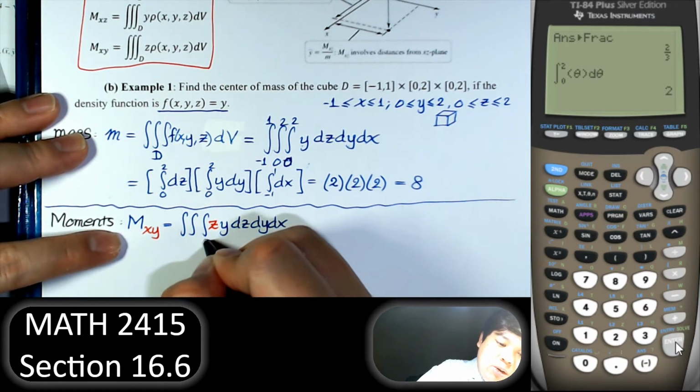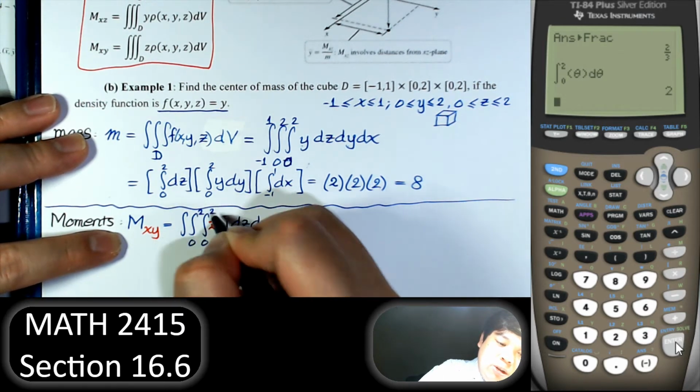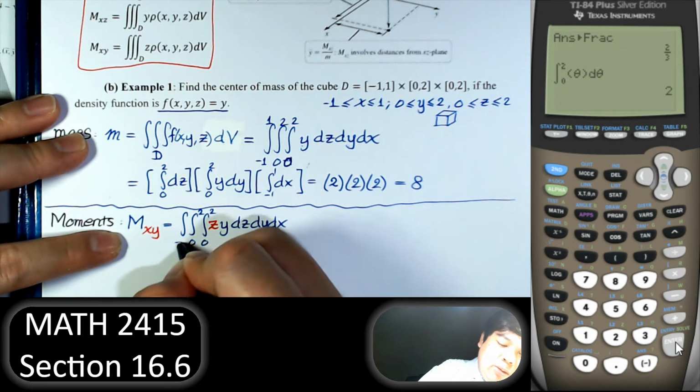Z is from 0 to 2, y from 0 to 2, and x from negative 1 to 1.